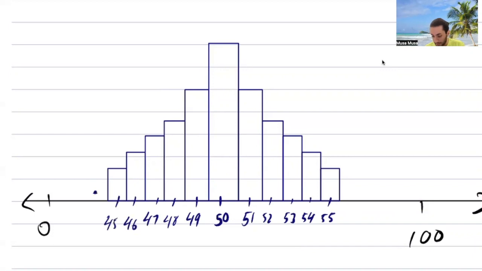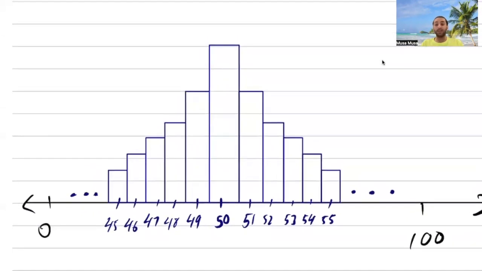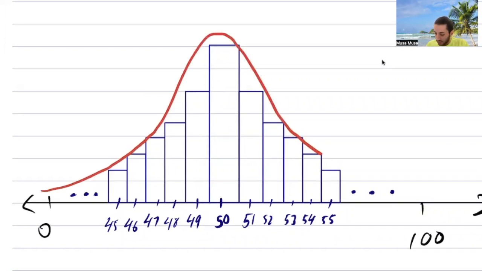And then, of course, that goes on that way as well. So what we're saying is this discrete random variable starts to look like a normal distribution. Okay.